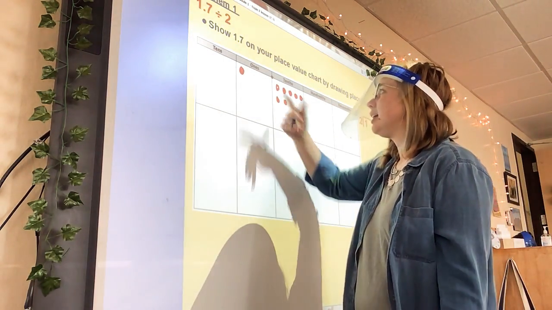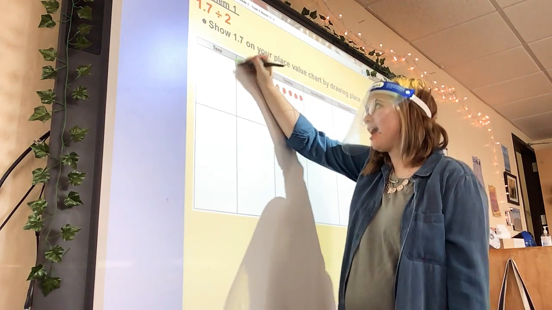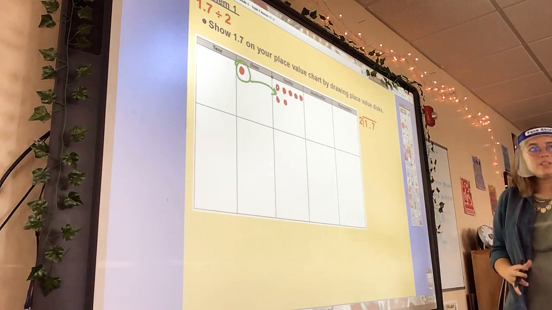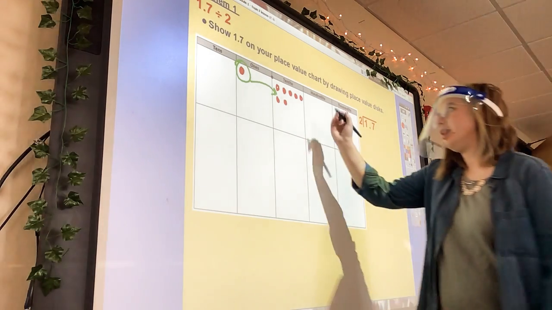So can I make a group of 2 with 1? No. So right away, this has got to move over, okay? So when it moves over to the right, how many does it explode into? 10. 10, good. So I got to make 10 little dots in my place value chart, okay?